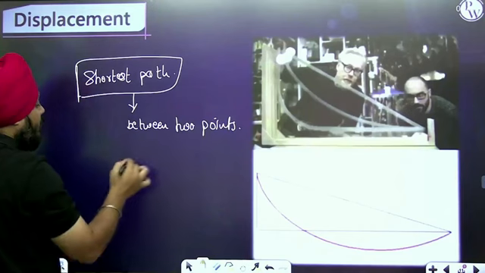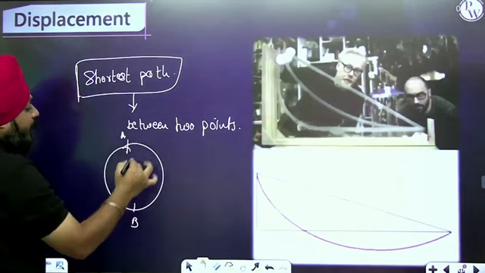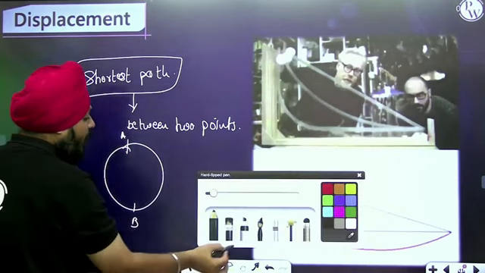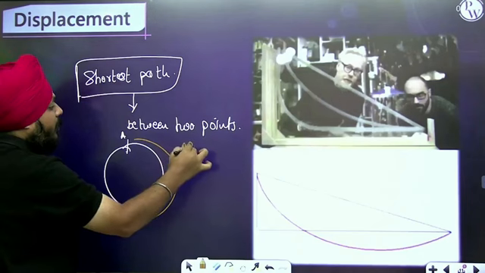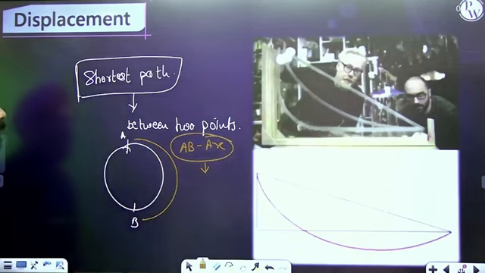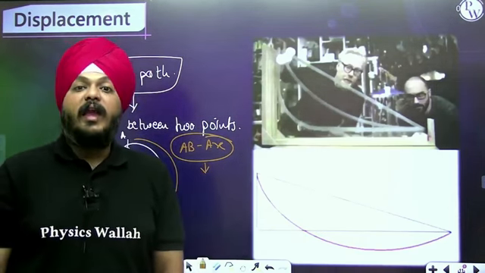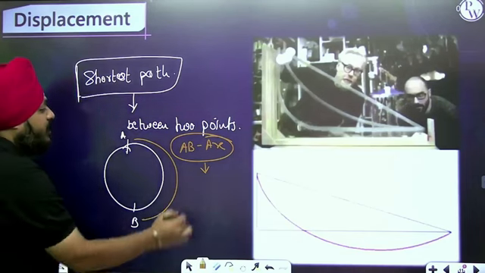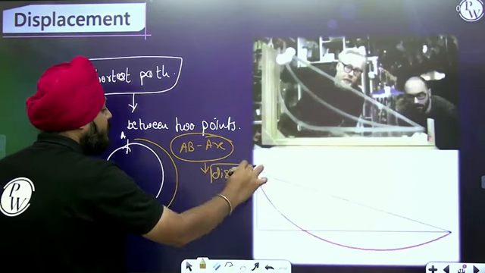Examples: point A, point B. If you are moving onto the curve, AB, that is an arc. I can consider it as a distance. I'm not saying it is a path length, it is only the distance.